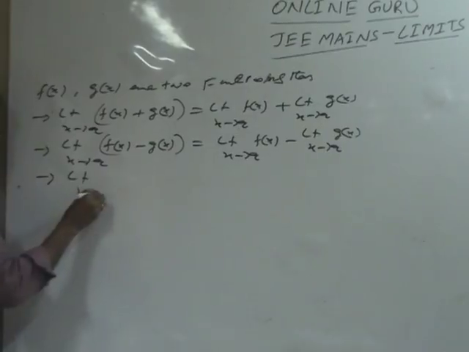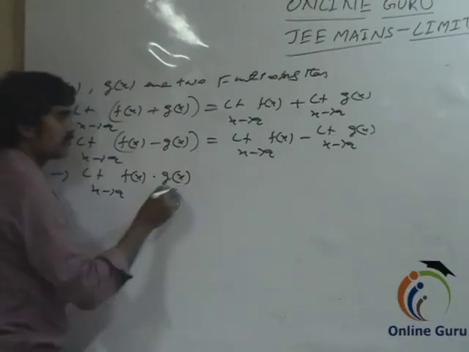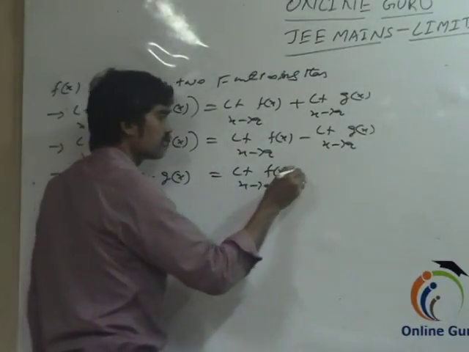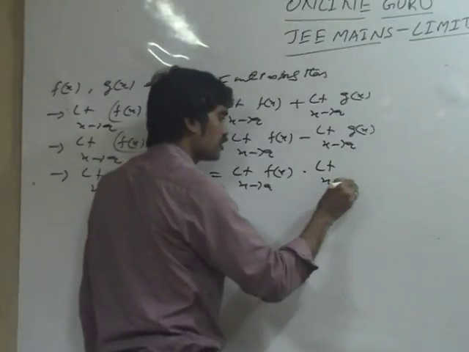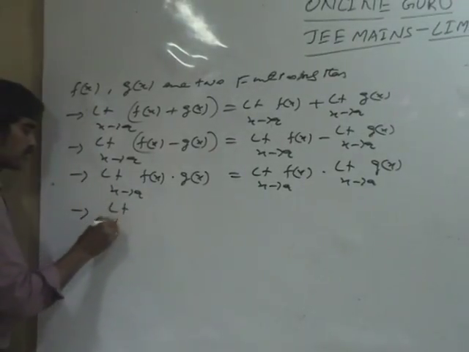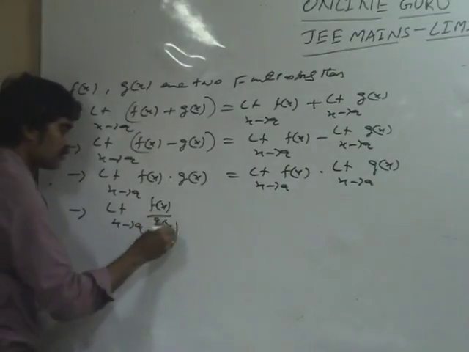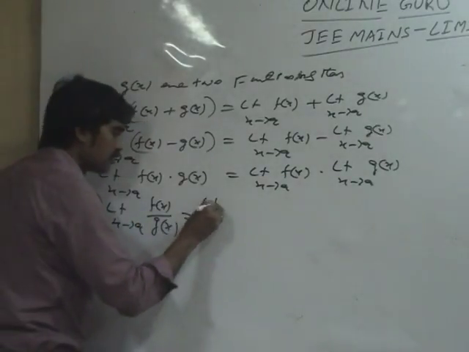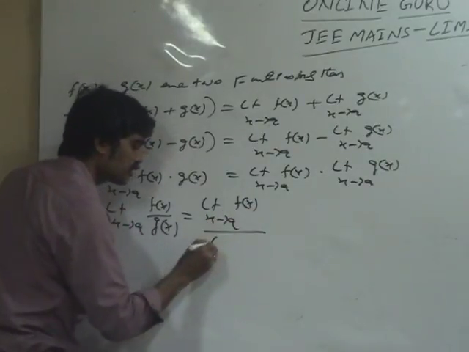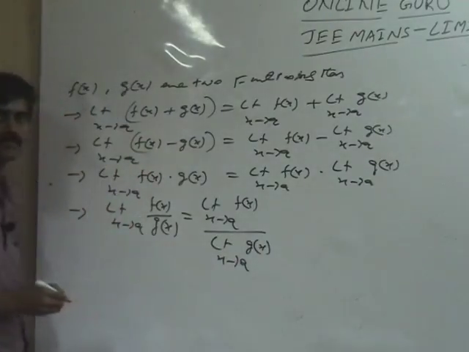Limit x tends to a f of x into g of x equals limit x tends to a f of x into limit x tends to a g of x. Limit x tends to a f of x by g of x equals limit x tends to a f of x divided by limit x tends to a g of x.